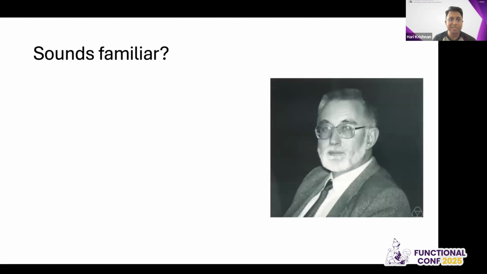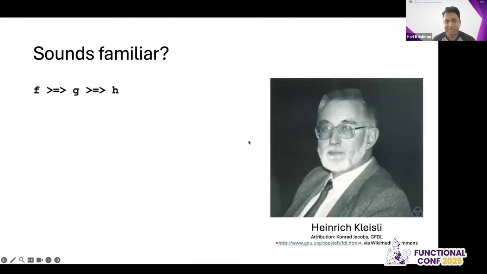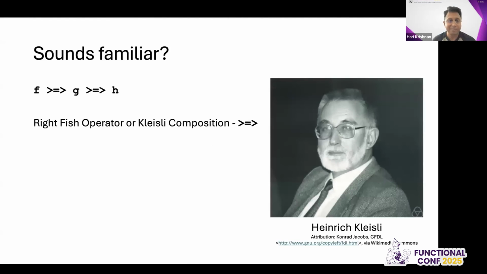Now, if you're looking at this, all this should sound a little familiar to the more seasoned functional programmers than I am. And maybe you all recognize this gentleman. His name is Henry Claesley, and you might remember this particular operator. It's called the fish operator, or the notation for Claesley composition.